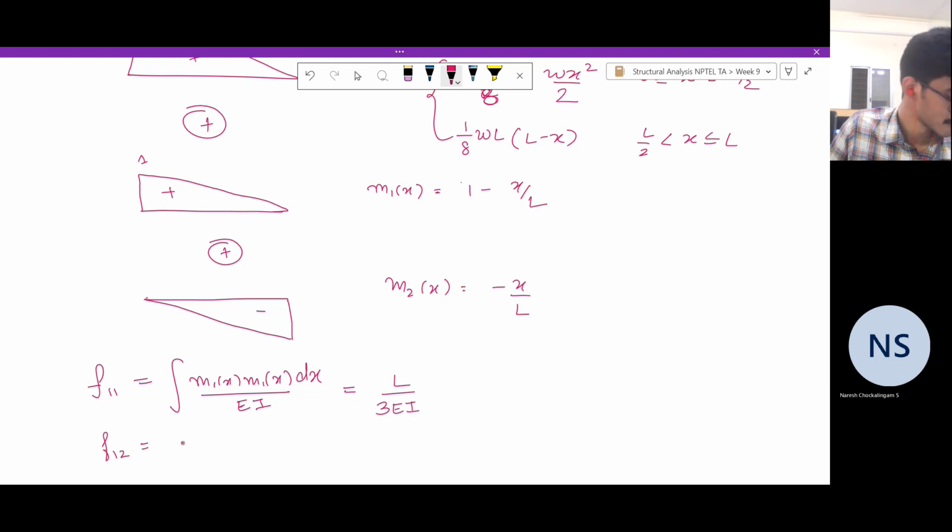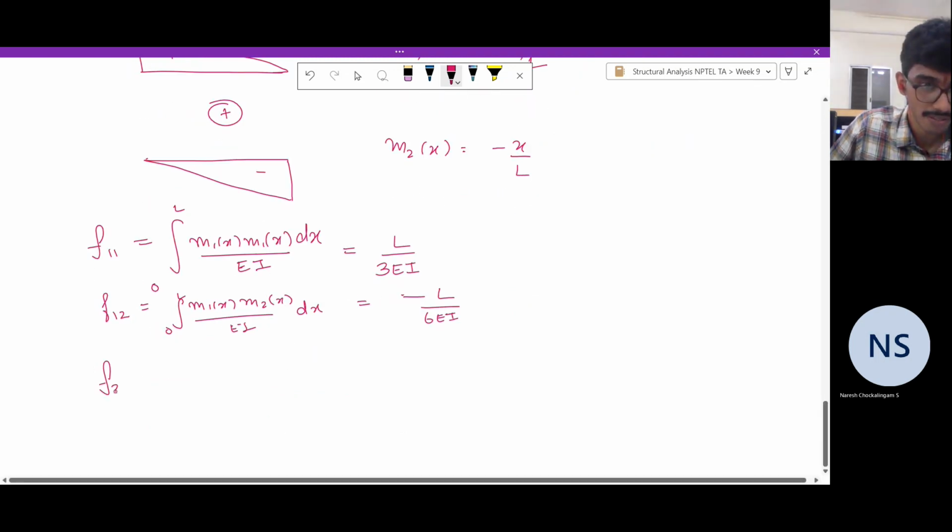F12 is integral M1 of x, M2 of x by EI dx. So these integrals are from 0 to L. And this is positive and this is negative. So you get a minus L by 6 EI.